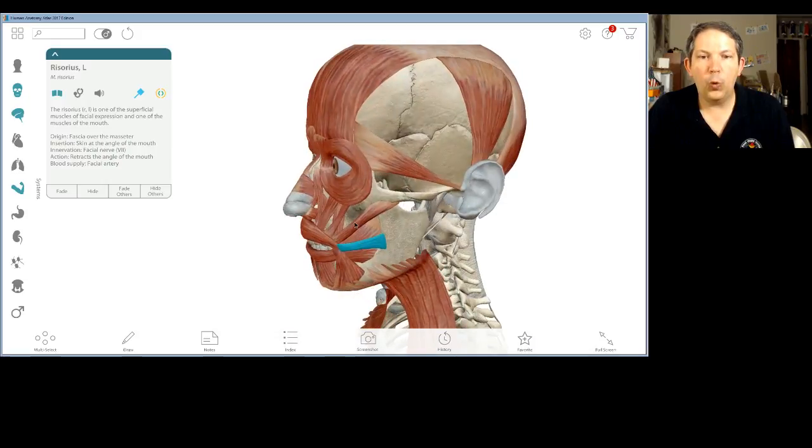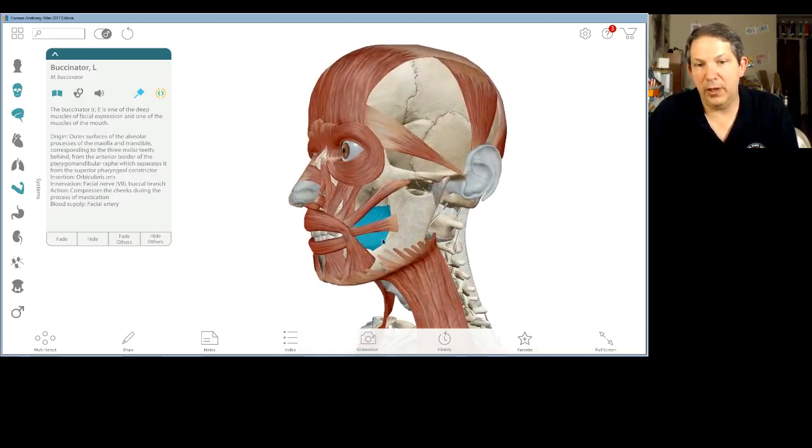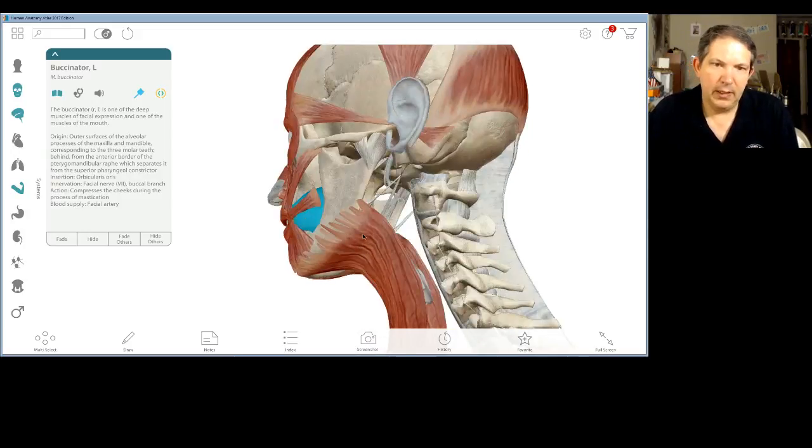Now, one more right there, the buccinator. Buccinator is how they say it. I always just said buccinator. But if you want to say buccinator, go right ahead, because I guess that's better pronunciation.